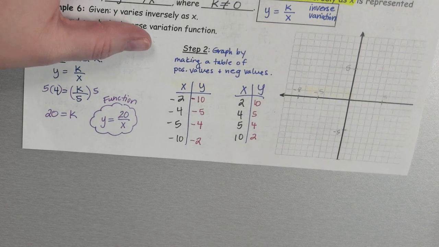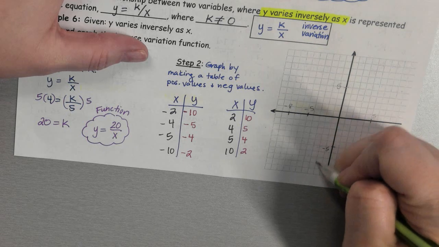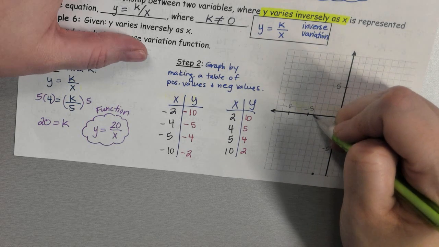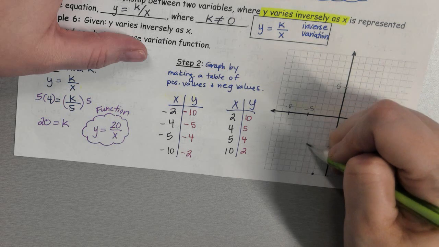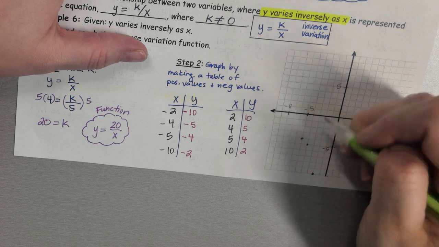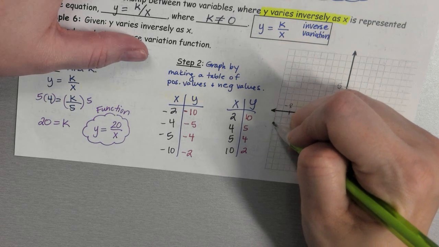Okay, so for the first one, I have (-2, -10), (-4, -5), (-5, -4), (-10, -2).